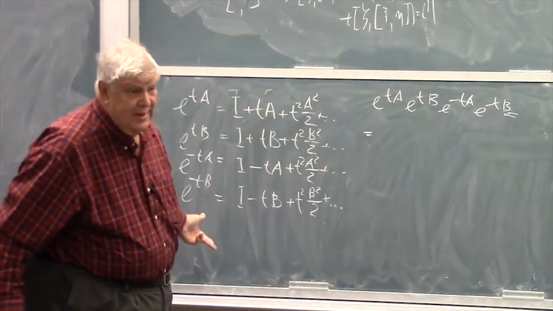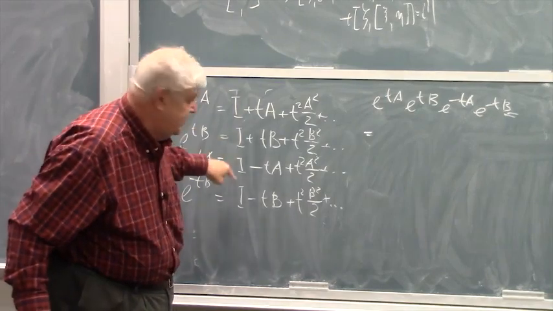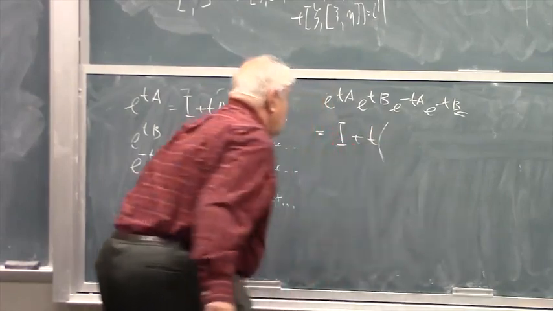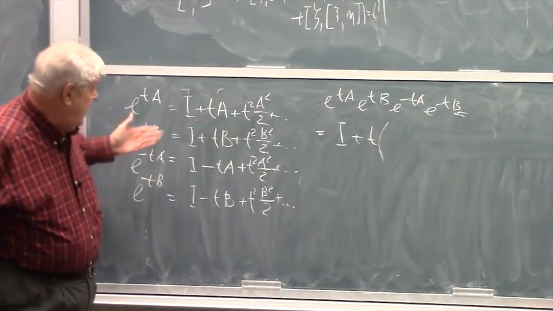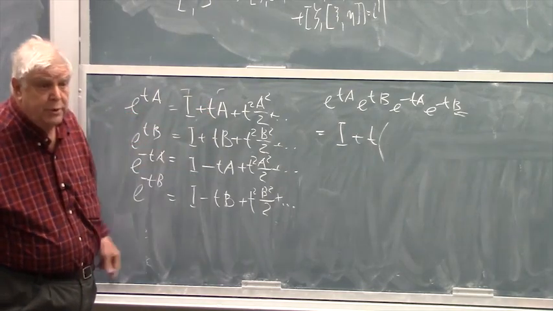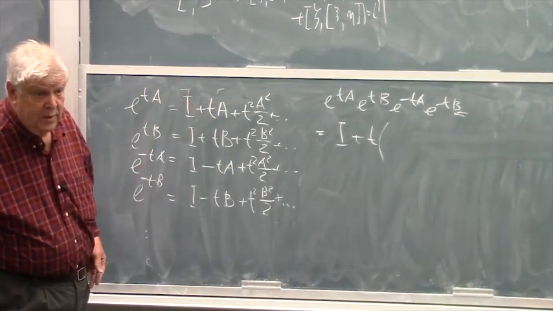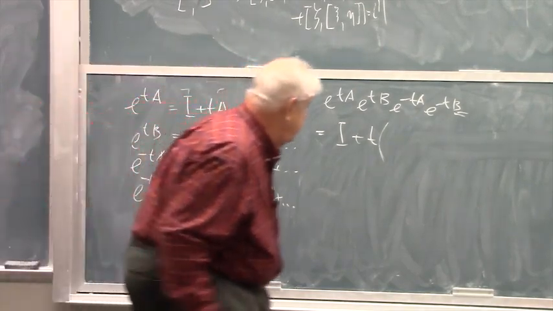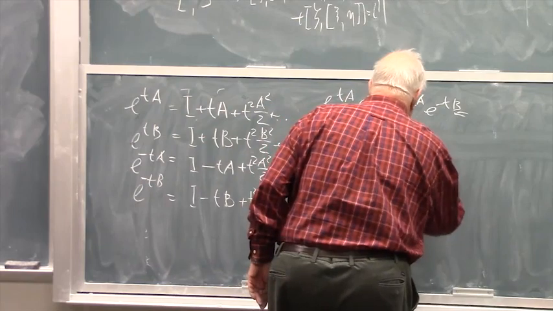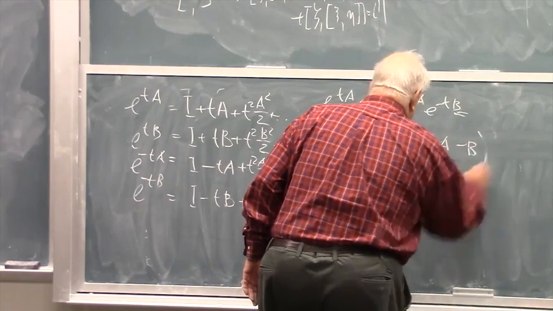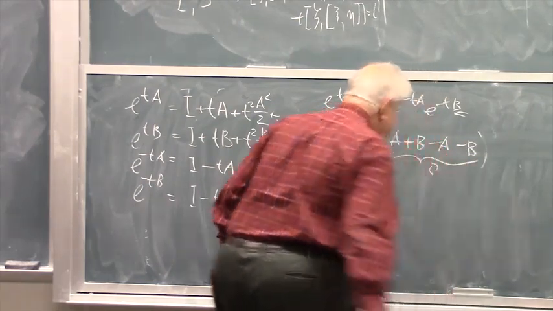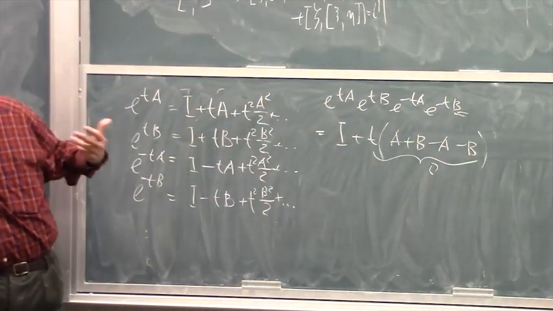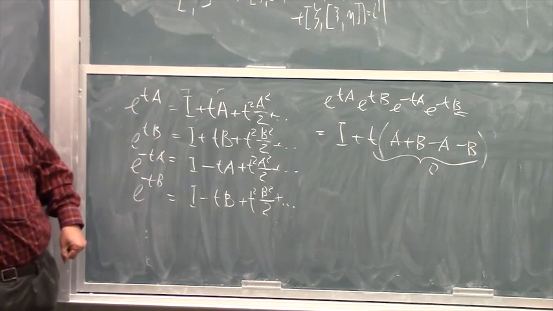The term of degree 0 is just I, right? I times I times I times I. Plus t times what? I need to take one term of degree 1 from one of these four factors, and I elsewhere. So this will be t(A plus B minus A minus B), which is clearly 0. I do some computations, and you ask if you need any explanation.